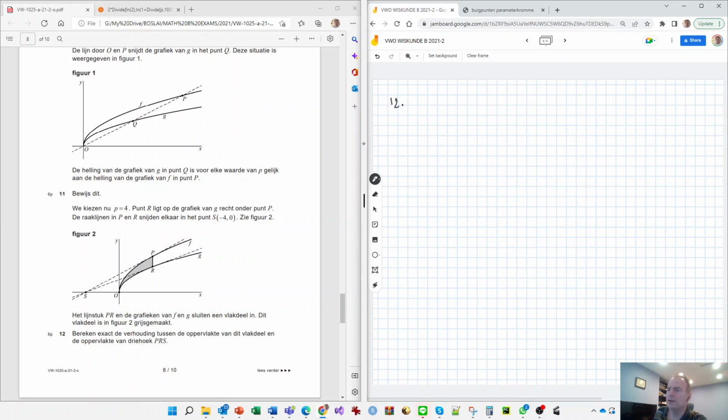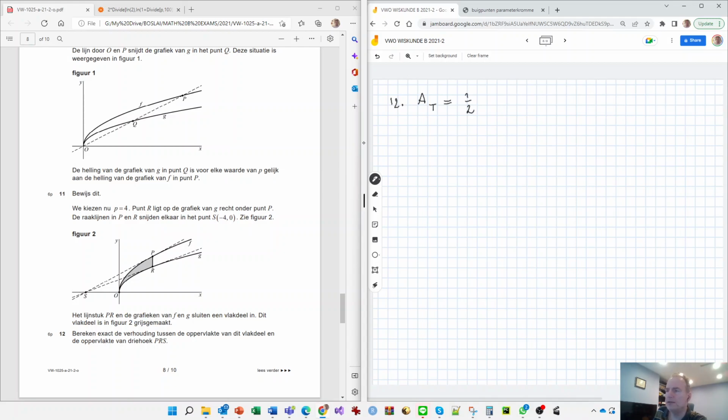And just calculate the two areas. So the area of the triangle, call it T, is just half times the base times the altitude, the hoogte in Dutch, of this triangle. So it's 1/2.